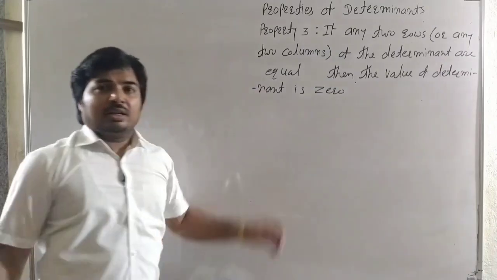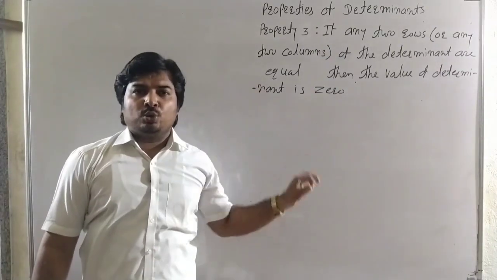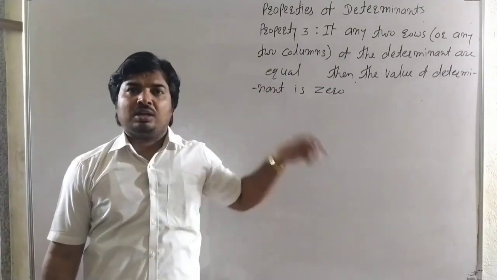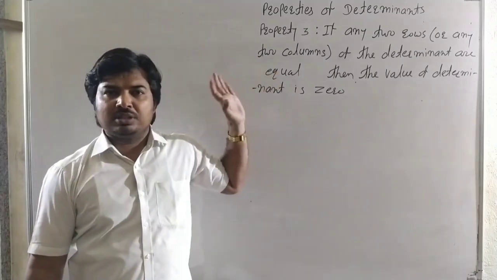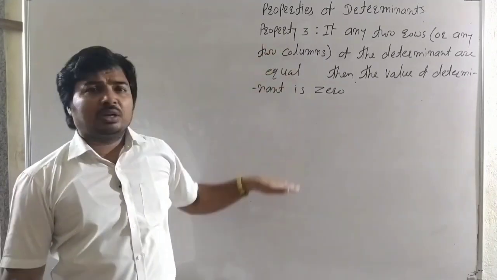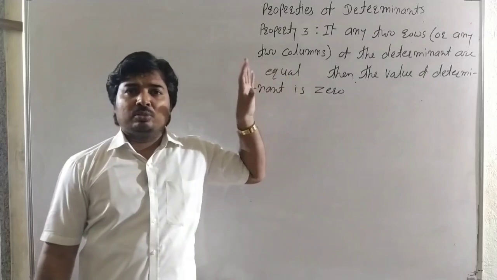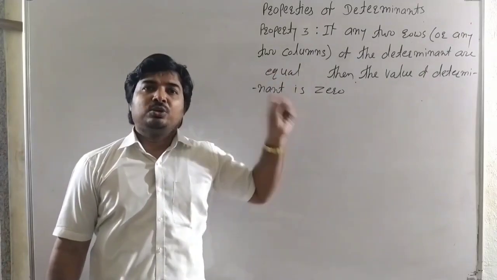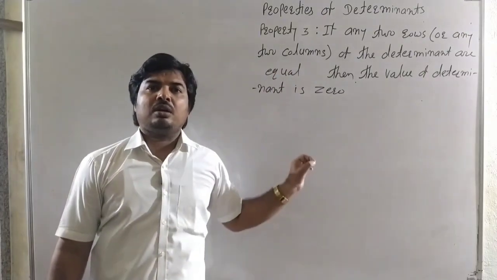Here, in the determinant, if any two rows or any two columns are the same, then the value of the determinant is 0. That means we cannot calculate directly. We can write the value of the determinant is 0 if any two rows or any two columns are equal.